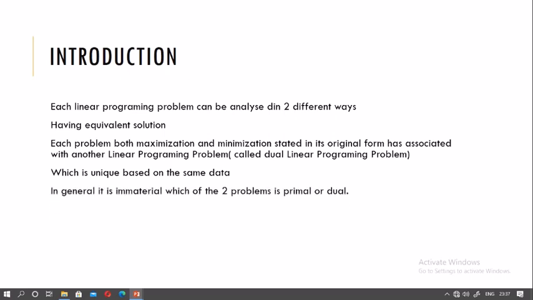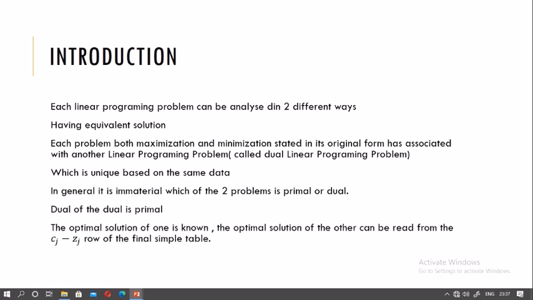So in general it is immaterial which of the two problems is called primal or dual, since the dual of the dual is primal. Okay, so the format of the simplex method is such that solving one type of problem is equivalent to solving the other simultaneously.